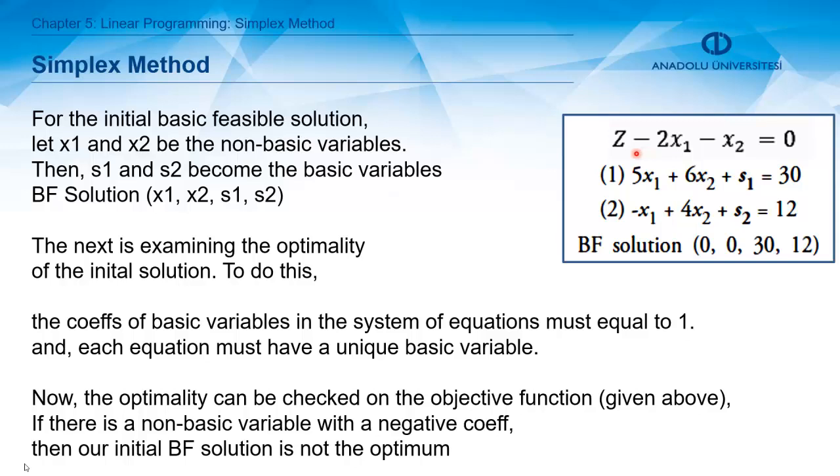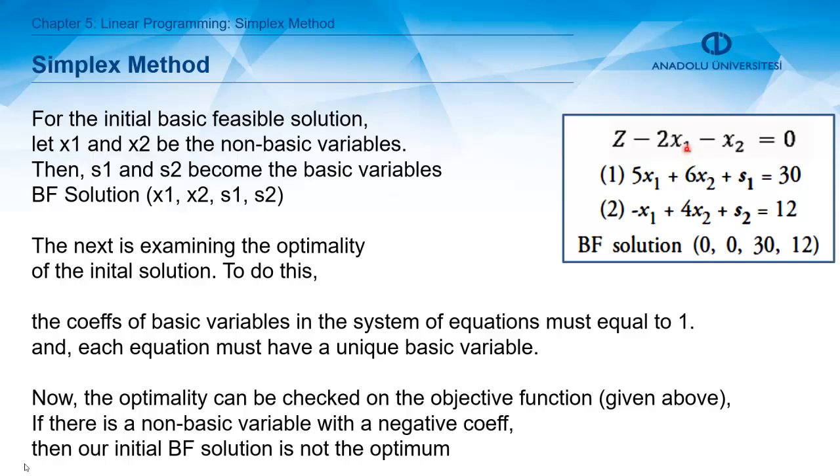Now we're looking at the objective function, which is at the top of the system of equations. In this equation, if there's a non-basic variable with a negative coefficient, then our initial basic feasible solution is not the optimum.